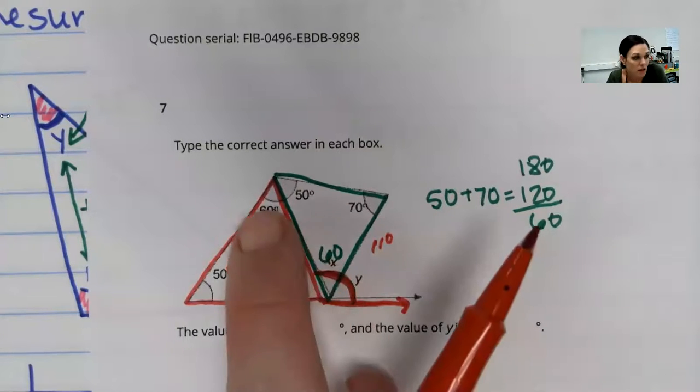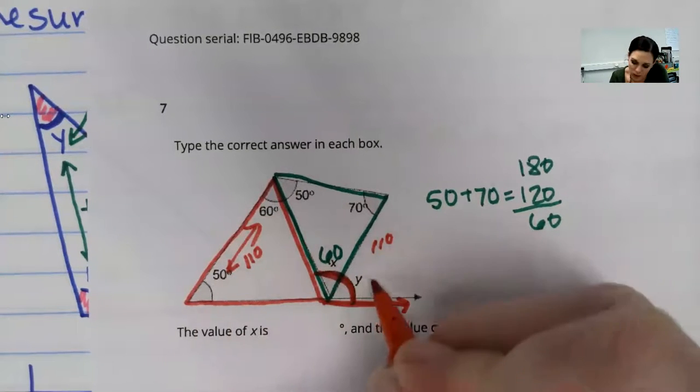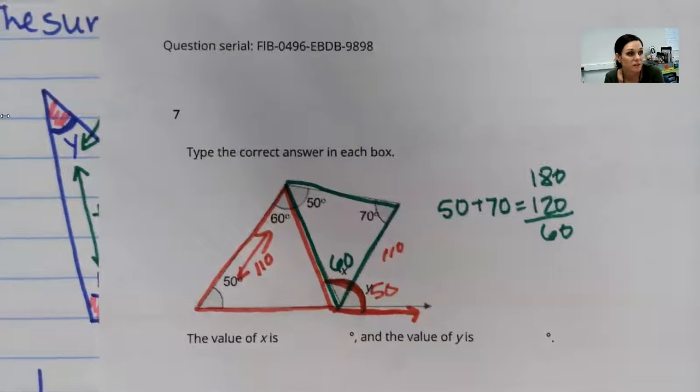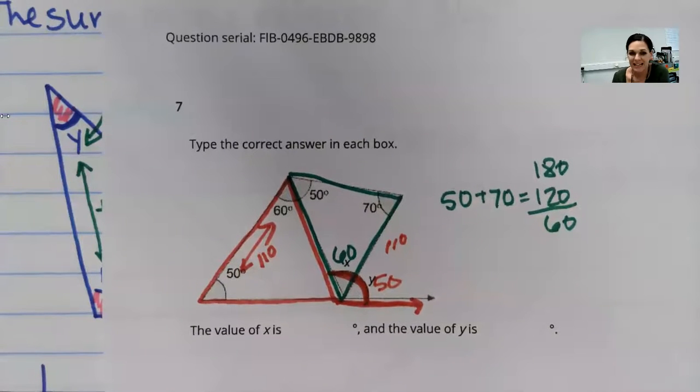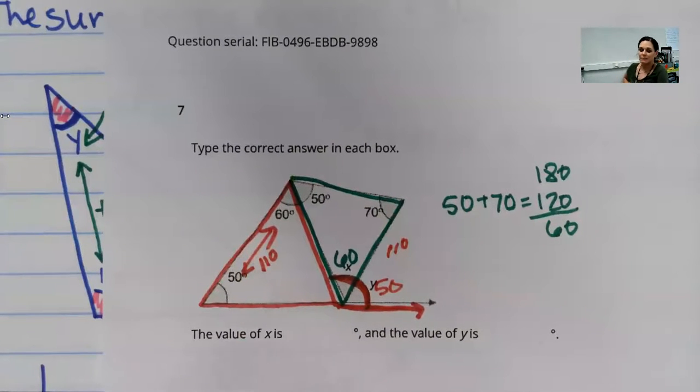So 60 of it is already paired here. Yep, Y's value would have to be 50. So this concept of exterior angles is not technically, again, difficult. It's just having an understanding where each and every part of it kind of lays.